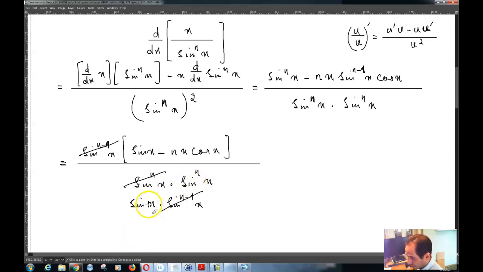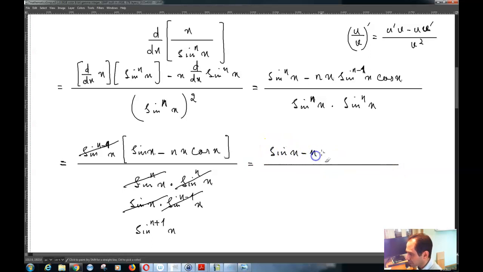These two, if you multiply them together, you will get sine raised to the power n plus 1 of x. So you will have sine of x minus n times x times cos x over sine raised to the power n plus 1 of x.